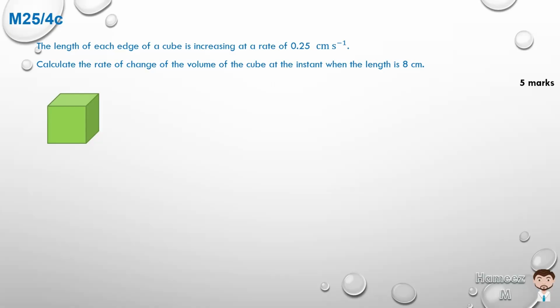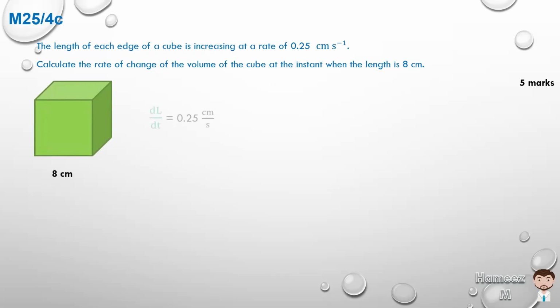So what do we know? We know 0.25 centimeters per second in the first line. Centimeters is a length. Per second is a time. So we know, as it expands, and we're interested in the point when it goes to 8 centimeters, dl/dt, the change in length per second, is 0.25 centimeters per second.